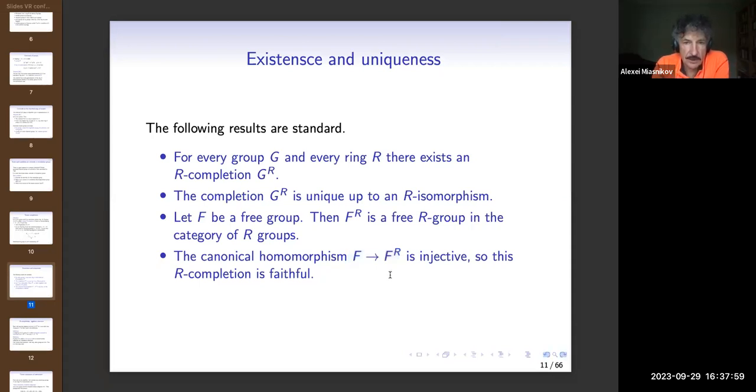It's not true that an arbitrary R completion is faithful, meaning G embeds into G to the R. Sometimes it embeds, sometimes it does not. But for free groups, it does.